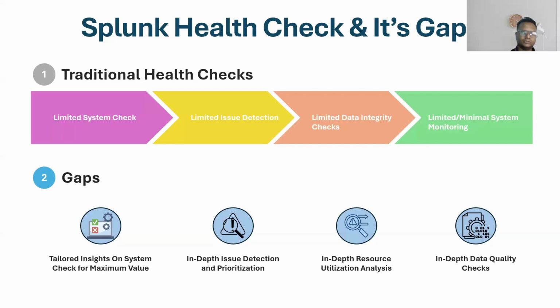Based on your environment, you will have your customization in place, so it will not go into those details and check those. That's why, since it's out of the box, it cannot be customized. This is the gap we see in every Splunk environment.